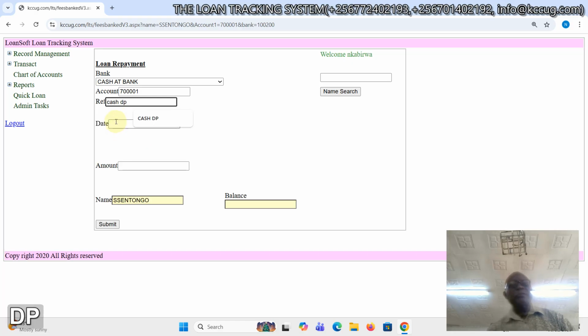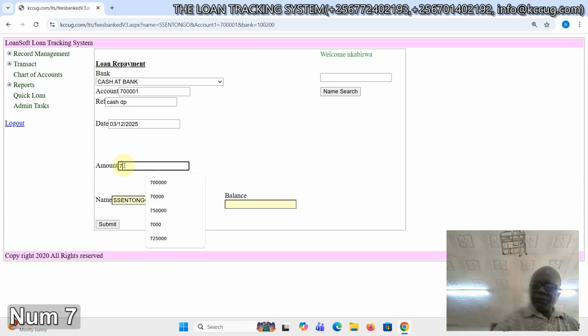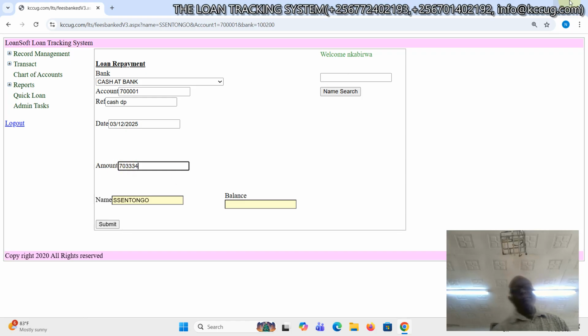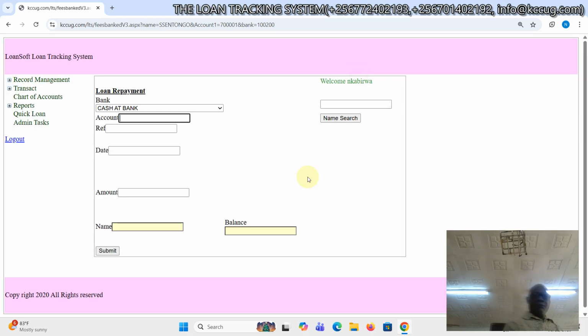He has deposited that money. When has he done it today? Amount is 703,334. Okay. Has paid us by.